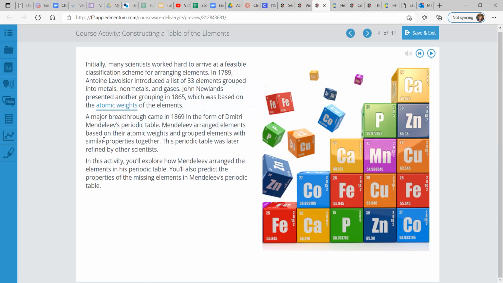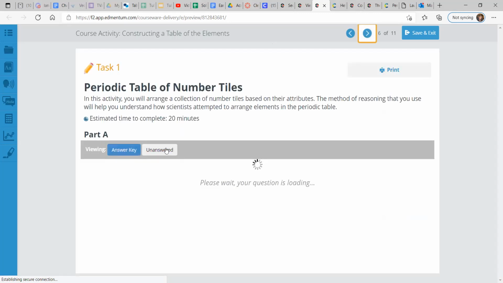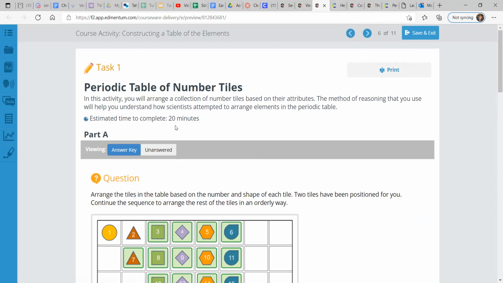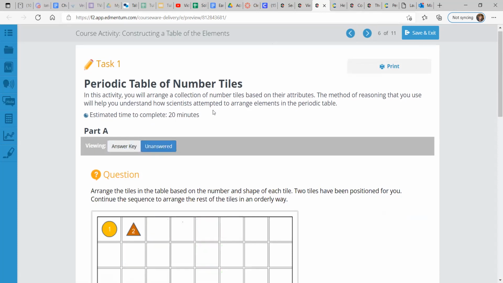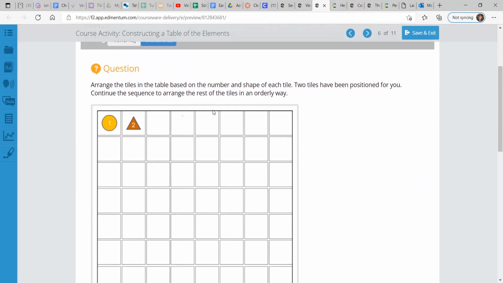In this activity, we're going to look at the mechanisms that help organize a chart, a table like this. There's the scoring. Okay, we're given several tiles, and each tile has a shape, a number, and a color.